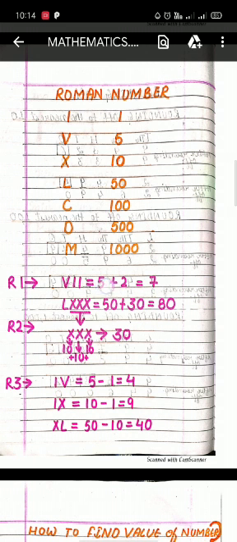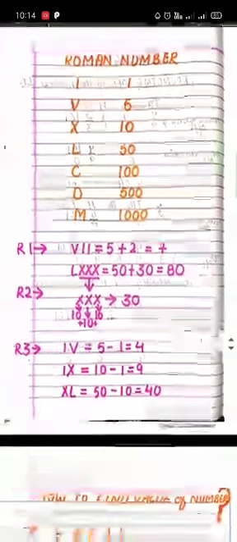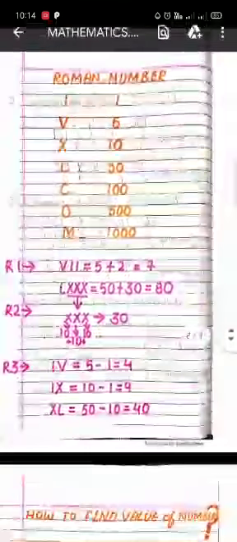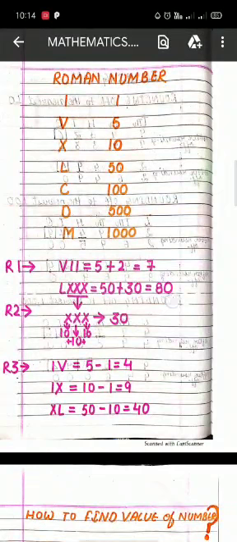So 1 I plus 2 I, 1 I means 1, so 1 is added up, here written as 2. So 5 plus 2 is equal to 7. Similarly, L means 50. 3 X's becomes 30. So 50 plus 30 comes 80.